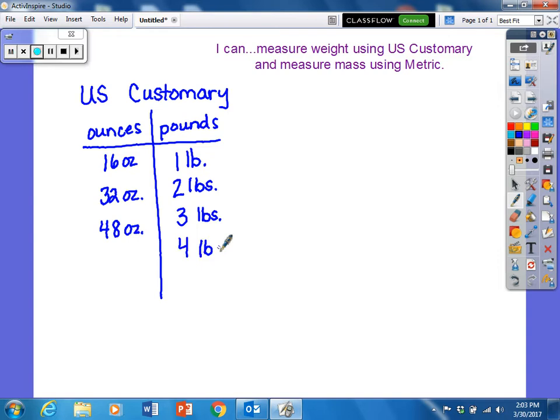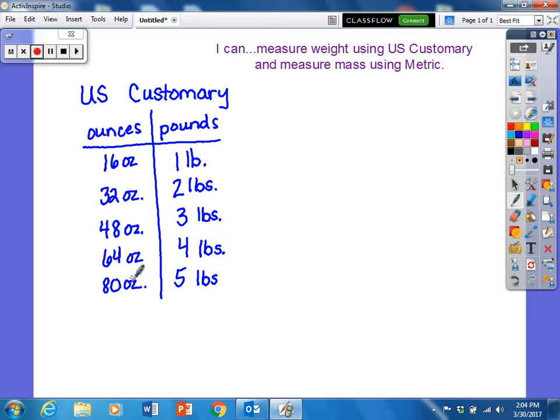4 pounds equals 64 ounces. And 5 pounds is 80 ounces.